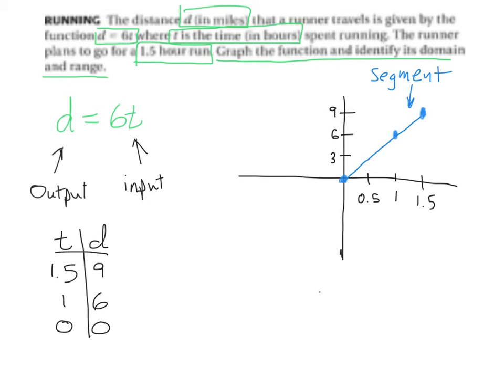If we want to describe our domain and range now, the possible values of inputs for the domain are between 0 and 1.5, right? So we can say that 0 is less than or equal to x, which is less than or equal to 1.5. All of the x values are between 0 and 1.5.